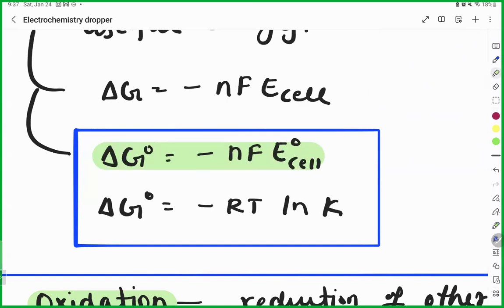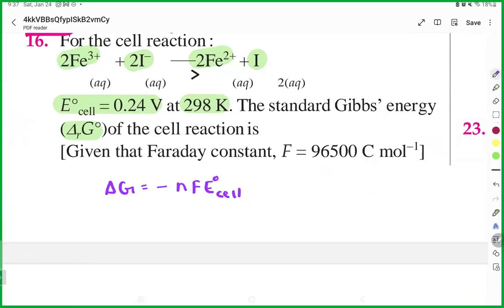But you don't have this natural log Q in this case, and E naught cell is given, so you will use the formula delta G naught is equal to minus nF E naught cell, which is for the galvanic cell. Yes, galvanic cell. So using this, Sarah, tell me what is your answer.